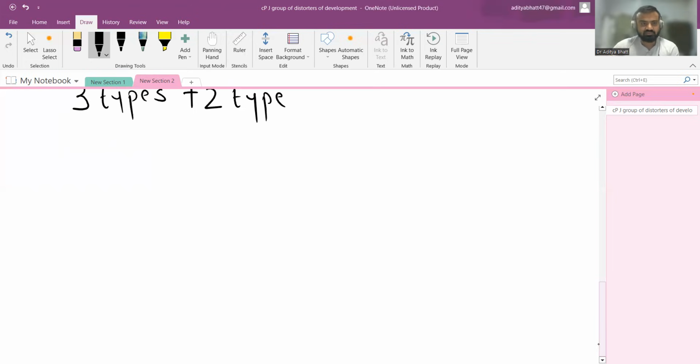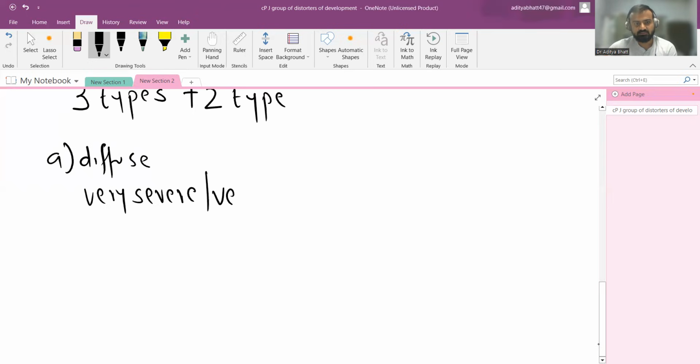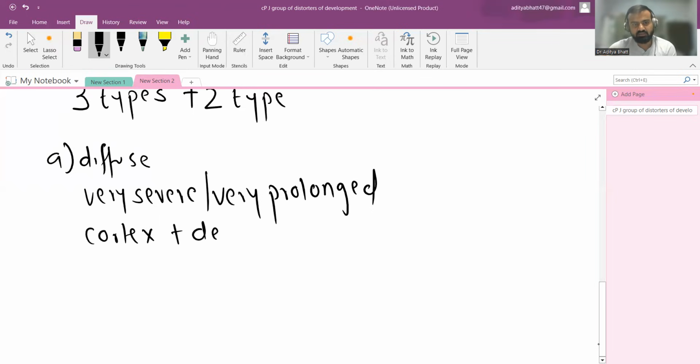So what are the types? The first one is the diffuse type. In the diffuse type, there is a very severe, very prolonged insult, and the cortex plus deep brain nuclei are involved.